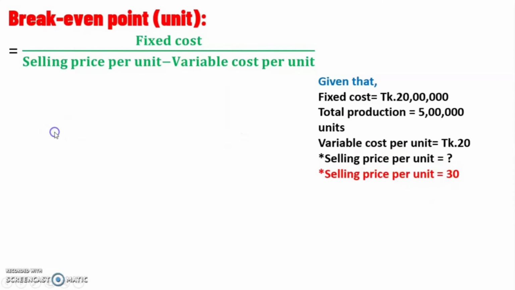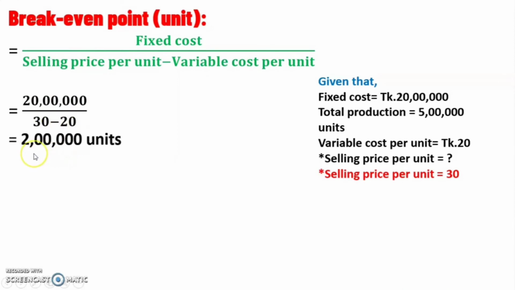Now we put the values in the formula: fixed cost 20 lakhs divided by selling price 30 minus variable cost 20, and break-even units are 2 lakhs.